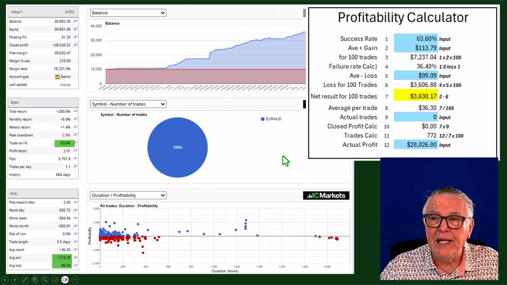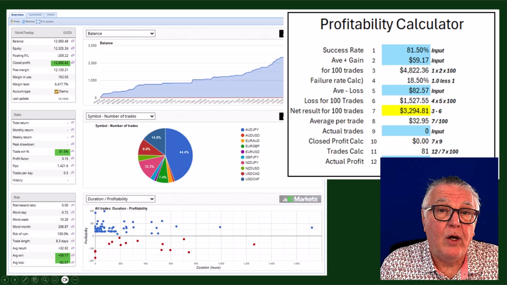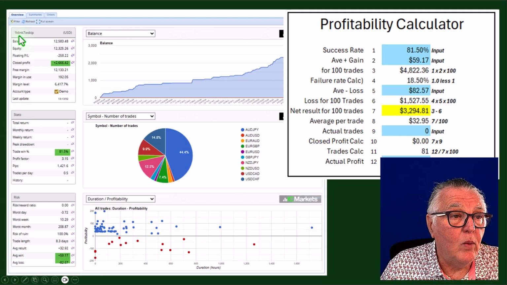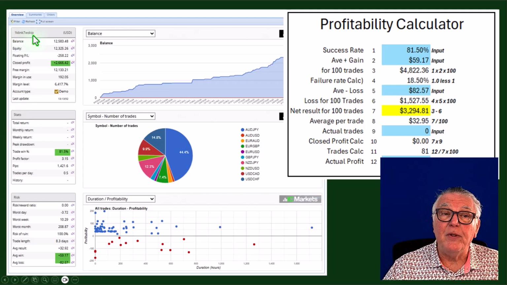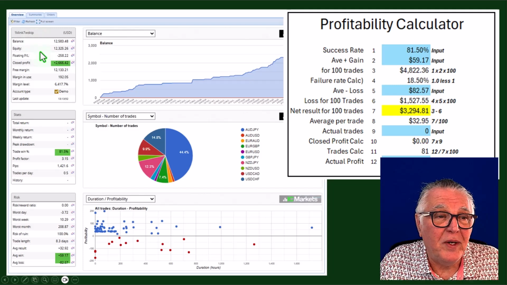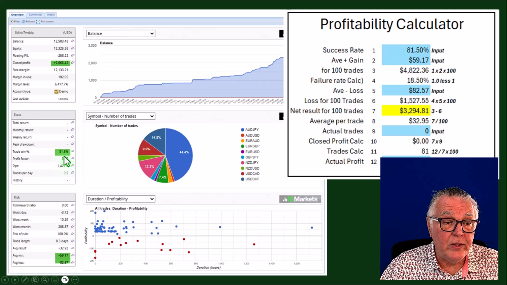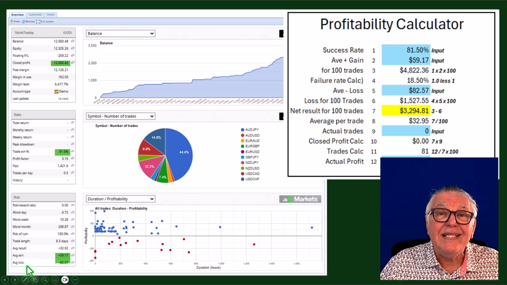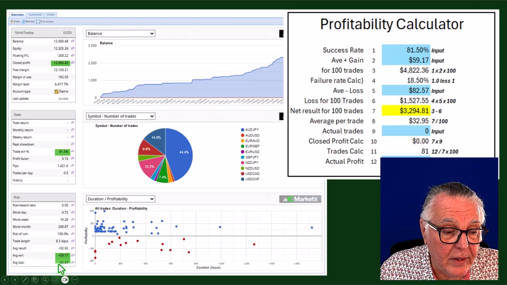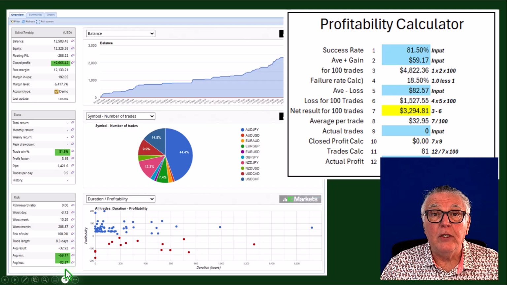So let's have a look at another one. Again, this is from our link service. This is 1K link 7W skip. Some of the names are quite complicated, but this one's got a nice high win rate. It has an average win of $59, but it has a very high loss, $82 loss per trade.